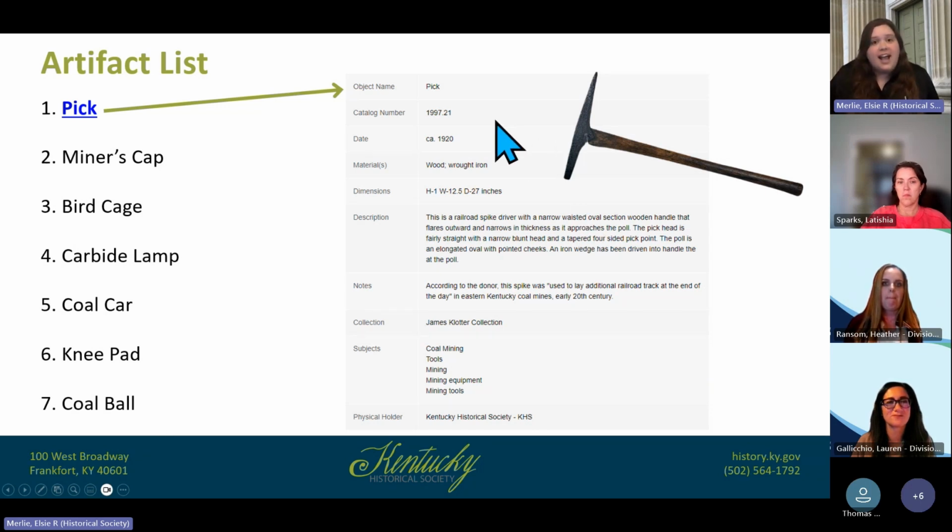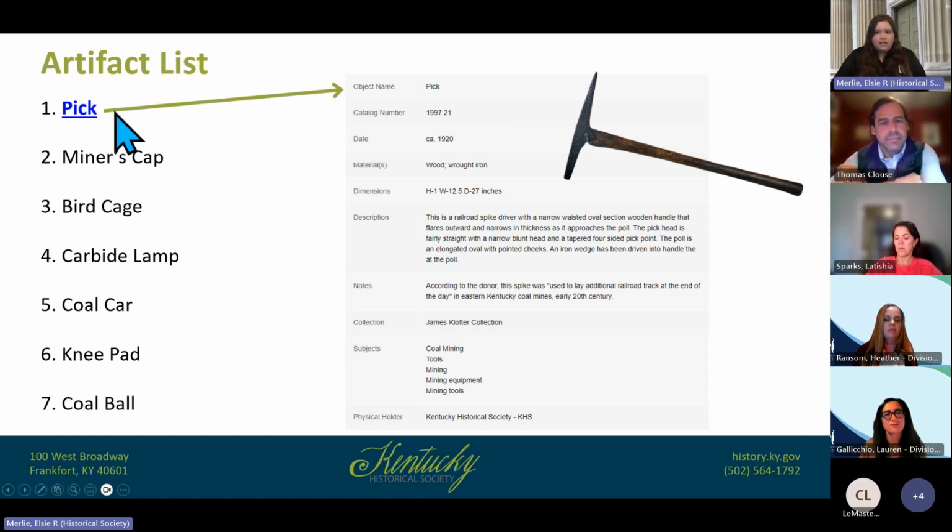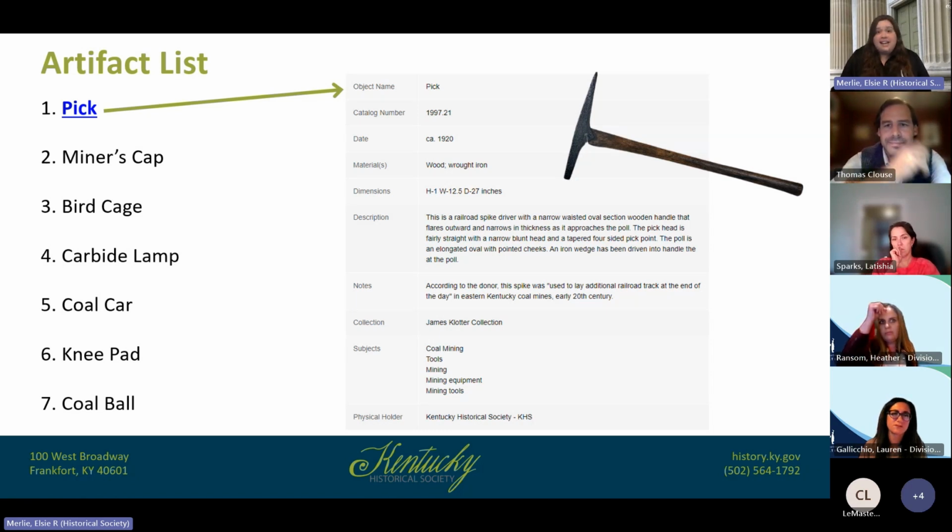One of the cool things that we have here at KHS is that each of these artifacts is going to have a page in our digital collection, in our catalogs, that provides more details than just looking at the artifact. So they really add a layer of context for your students after they complete the artifact analysis chart.